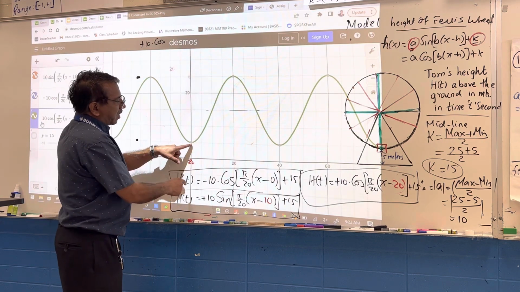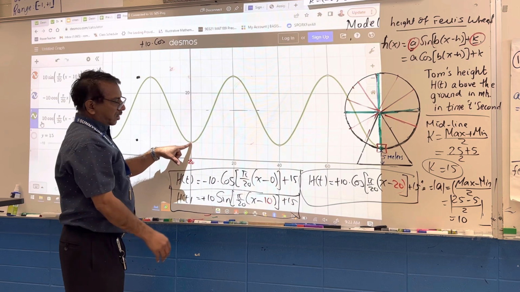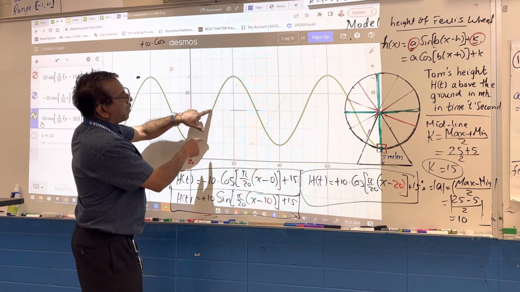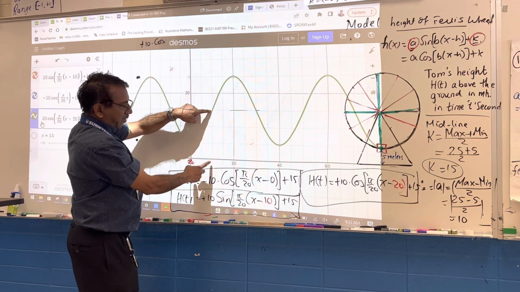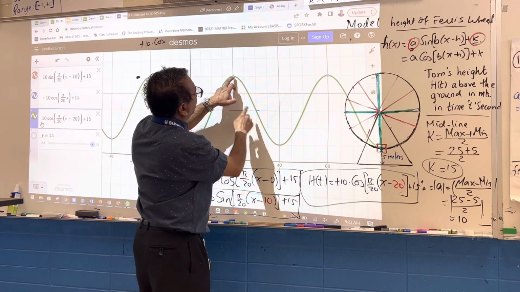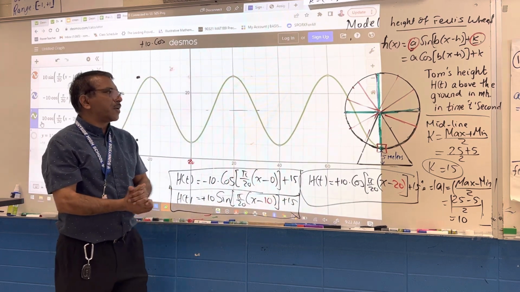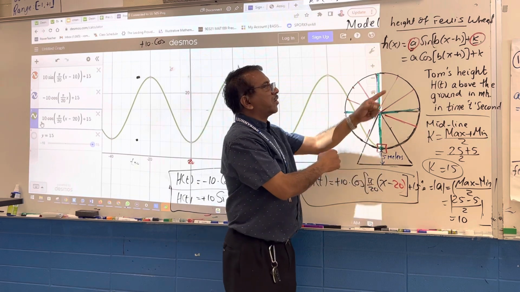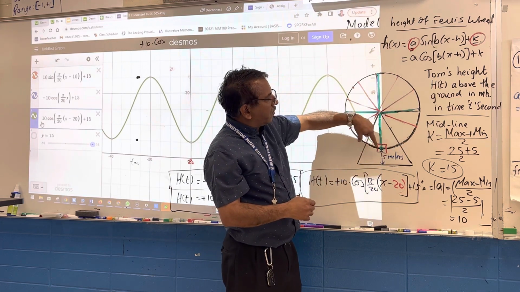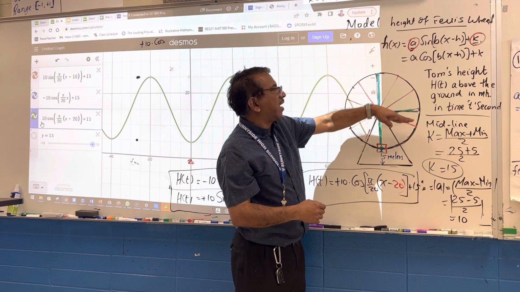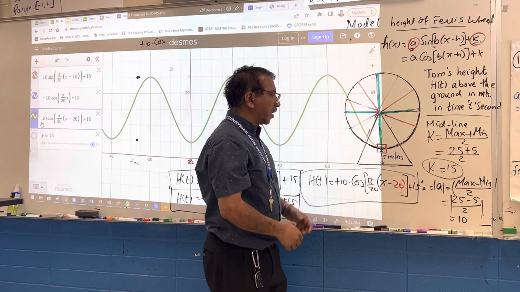The first one I started from down up this way, so I used the cosine trigonometric function. For the second one I used from here, so it is like a sine shifted after 10 seconds. And the last one I used from top, cosine graph. So all these three trigonometric functions represent the same height of Mr. Tom, who is rotating on the Ferris wheel, and at different seconds his height from the ground could be calculated by these functions.